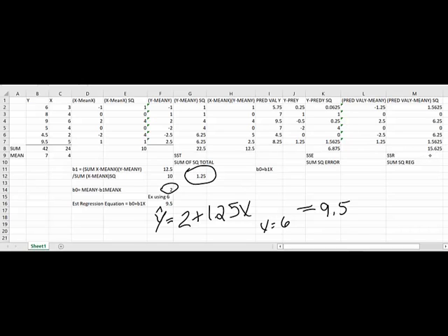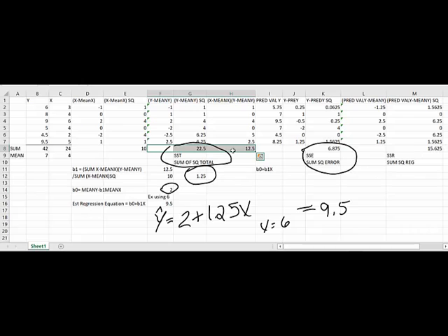Now let's take a look so we understand different questions that we might be asked. We might be asked to come up with the sum of squares total, SST. We've already done that right here. That's our 22.5. We might be asked for our SSE, the sum of squared error. That's right here at 6.875.